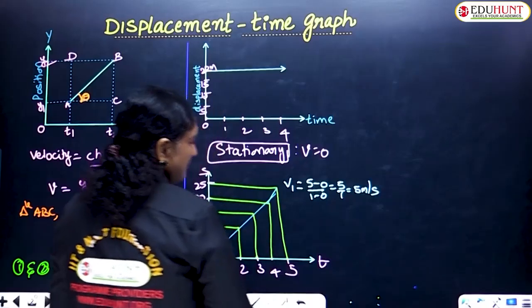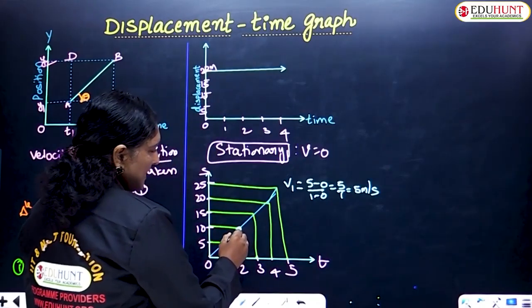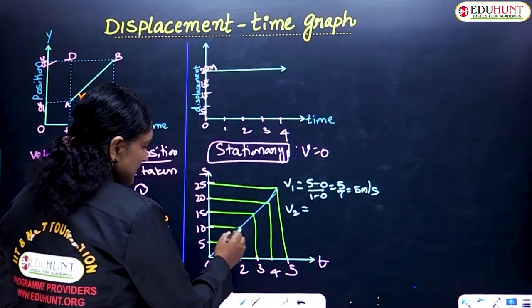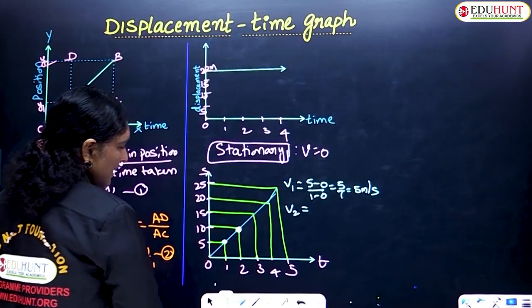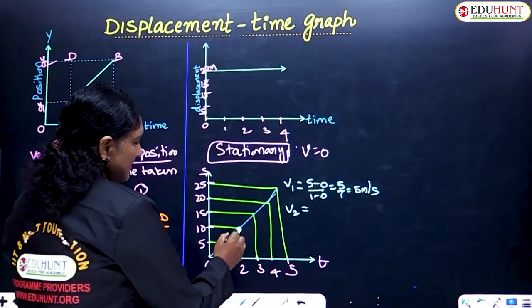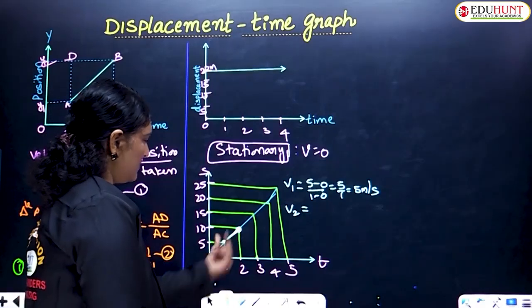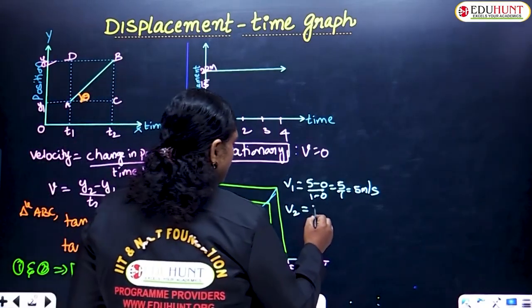meter per second. Similarly, in case 2, the velocity V2 is nothing but, at this position, 10 and initially 0. Or else we will take only this particular region: 10 minus 5 upon 2 minus 1. What is that, children?